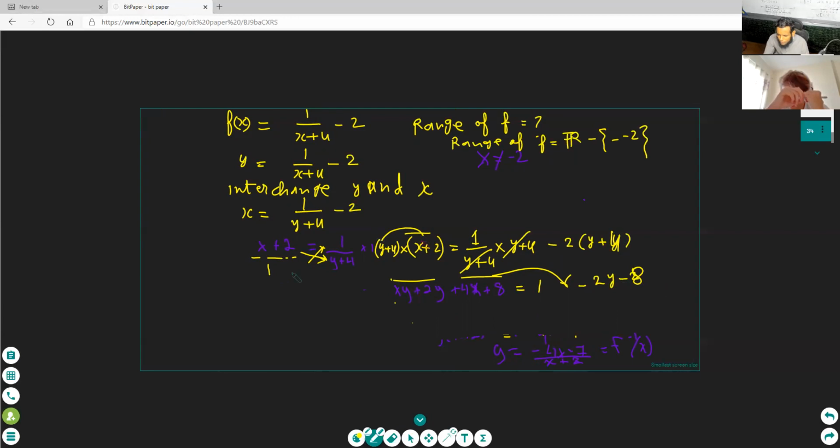Minus 2, we forgot the minus 2. Wait, I will solve it with speed, then we move to the next question. 4x plus 8 is equal to 1 minus 7 minus 2y, and then we minus 2y, and we move the y terms to one side.